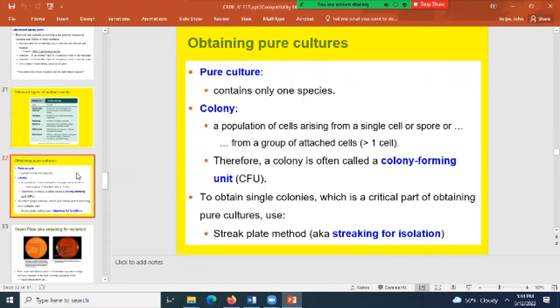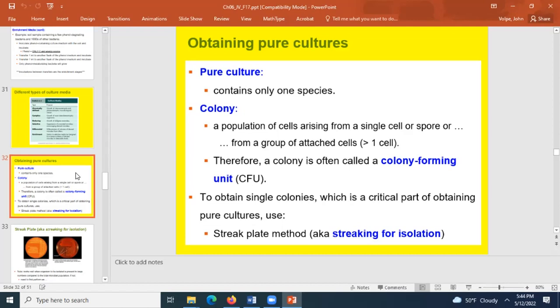A pure culture is a culture that contains only 1 species. How you get a pure culture is you streak your cells through 2 colony isolation events. And then you will make the chance that any colony is at least 95% pure.